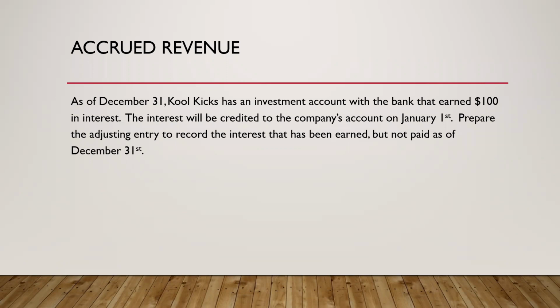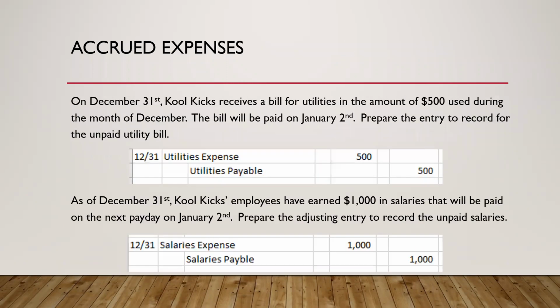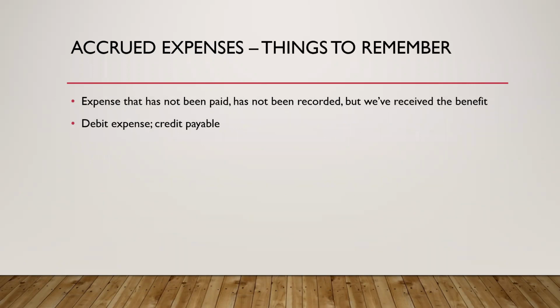Now, if we earned it in December, we have to make sure we get that revenue in December. It was the same thing back here in dealing with the utilities. We received the benefit of those utilities in December. We received the benefit of those employees working in December. So we have to make sure the expense gets in December. We need to make sure the expenses are matched with the revenues.